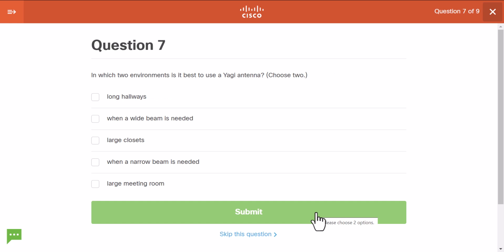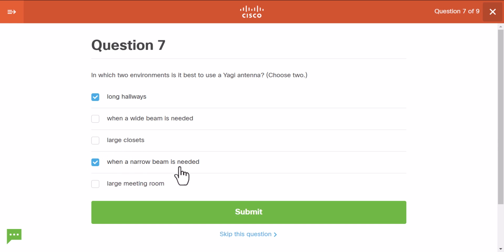In which two environments is it best to use a Yagi antenna? Okay, a Yagi antenna provides a directional beam. However, it is not as directional as the parabolic dish. So it will be a good option for long hallways. And I guess this will be another description of what the long hallway situation is.